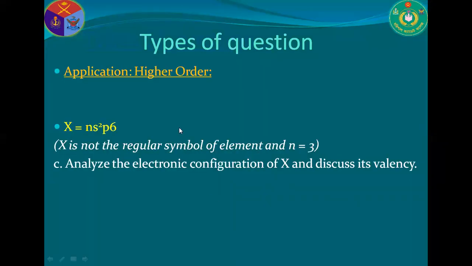Third type of question, higher order. This is the electronic configuration of an element: 3s2 3p6 in the outermost energy level, and the value of n, that means the principal quantum number, is 3. So the element is argon. Now you need to write the electronic configuration of argon and discuss that its valency is 0, because it does not want to combine with any other element.